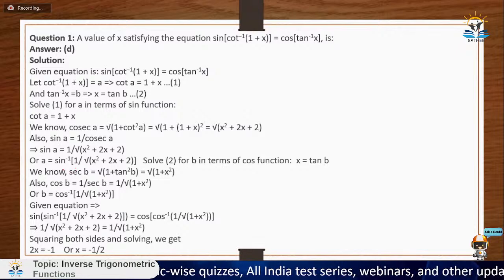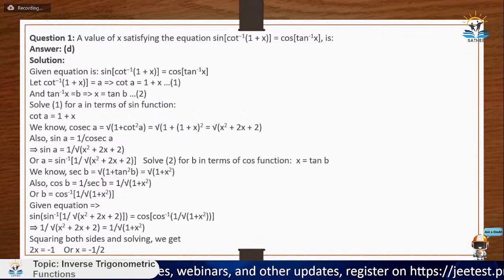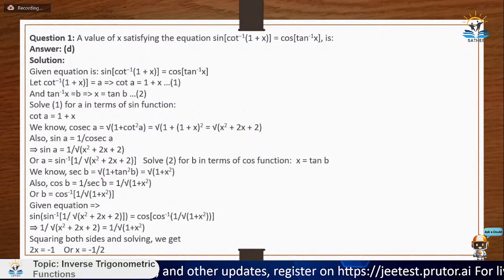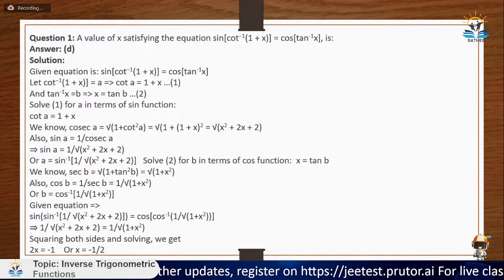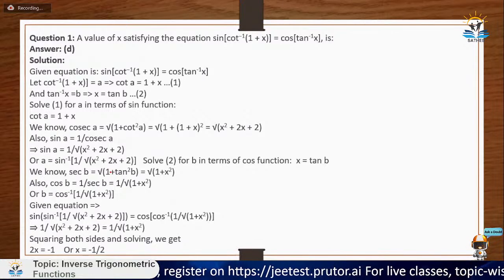So x will be equal to tan b. Using the identity sec square b minus tan square b equal to 1, calculate the value of sec b, you will get this. And converting this, cos b is equal to 1 upon sec b, so you will get this. So you get the value of b as cos inverse of 1 upon root of 1 plus x square. So cos and cos inverse will get cancelled.